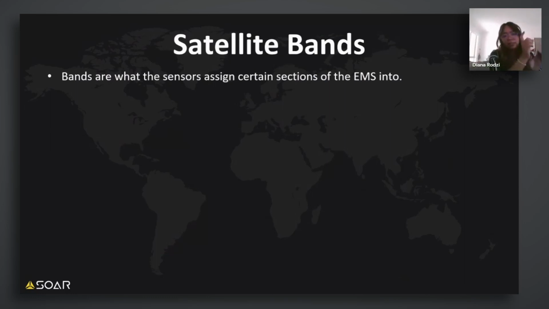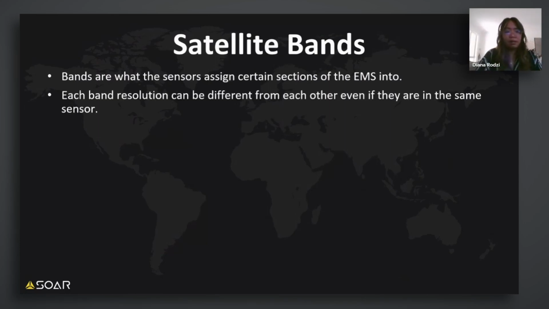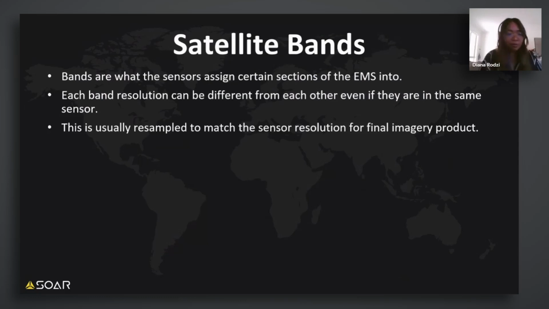So it'll recognize a certain section of, let's say, red, green, blue, and so on. And each band can actually have resolution that is different from each other. So you could have your red, green, and blue at 10-meter resolution, but you can have something else at like 60 meters.